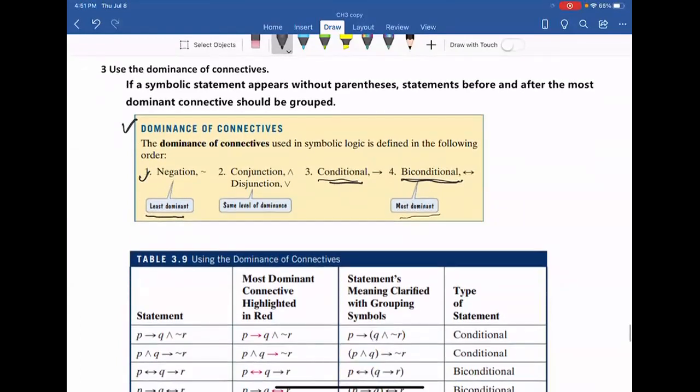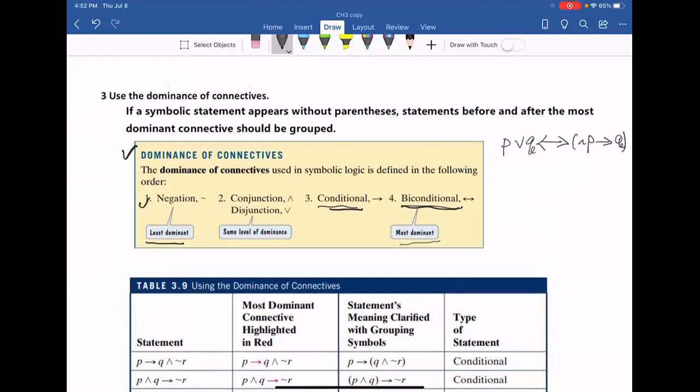So how do we decide the relationship of your statement, or what's the type of the statement? For example, if I have P or Q if and only if not P, if not P then Q. So what is the dominant here?